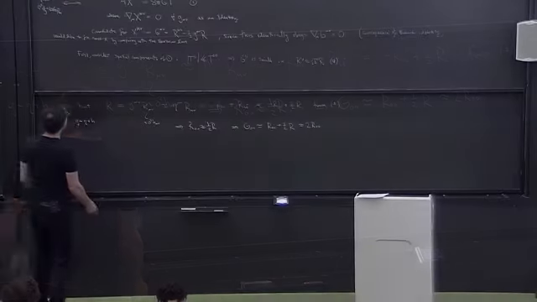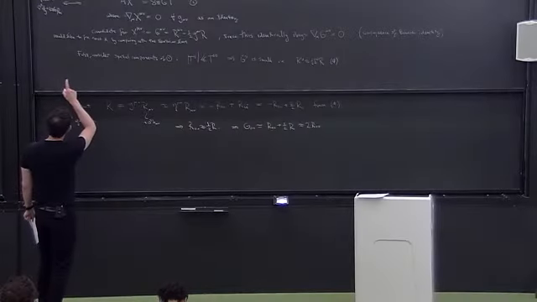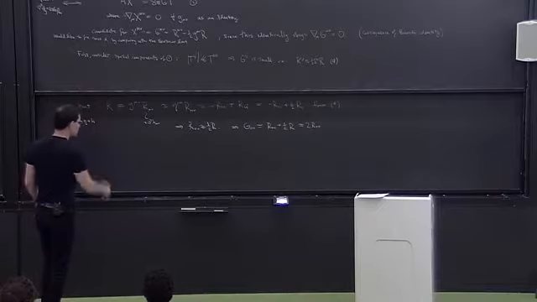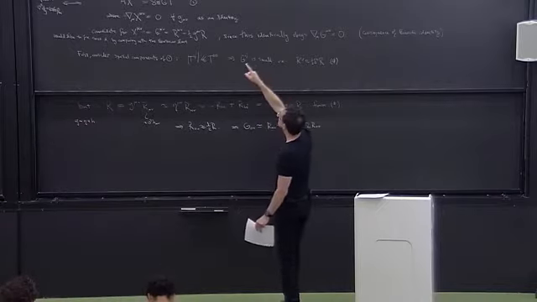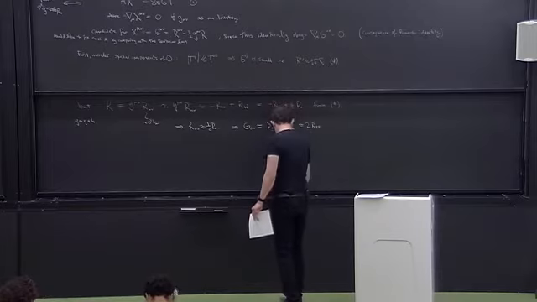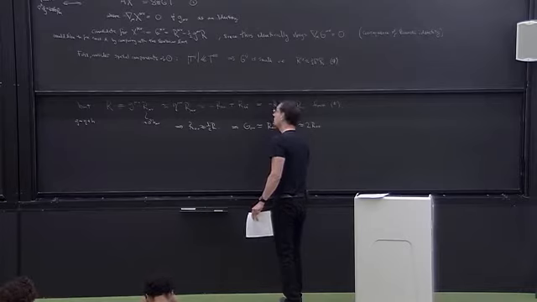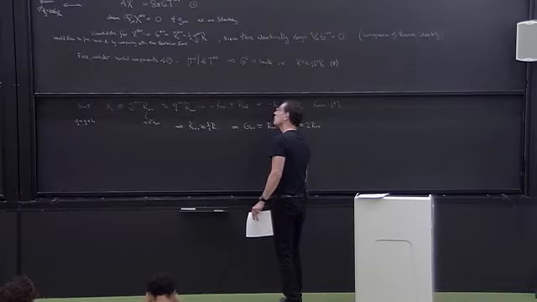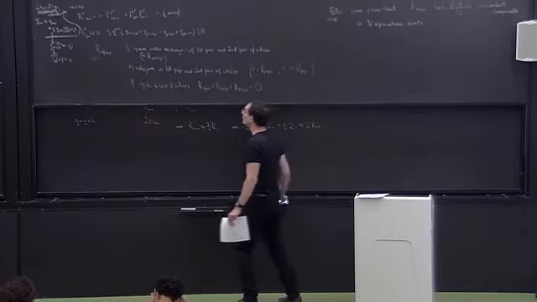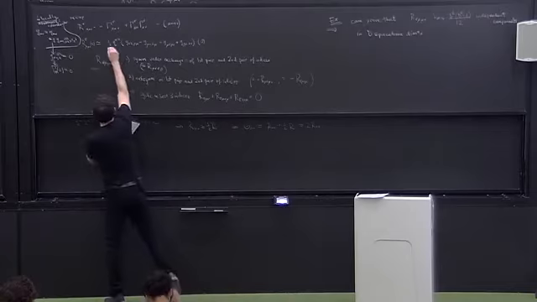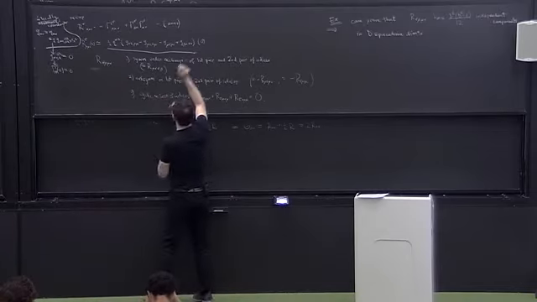Now, we already wrote down the Riemann tensor to linear order in this locally flat coordinate system. Let me bring this down. Sorry, this one. So that's the Riemann tensor.